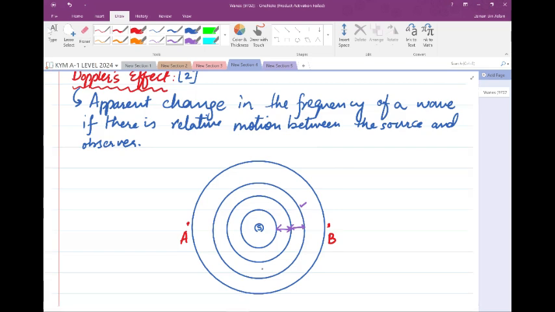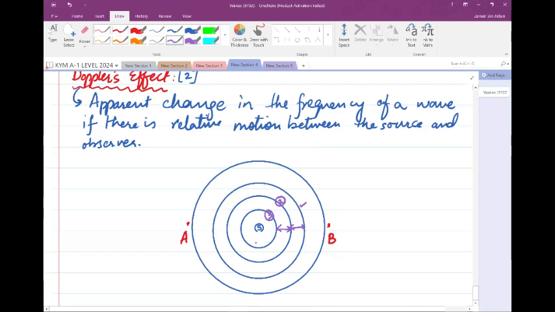As the time passed, that water wave continued to move away, so the wavefront started to grow. Then this second wavefront was created when this source caused another vibration in the water. Then this third wavefront was the one that was created when the source caused another vibration.